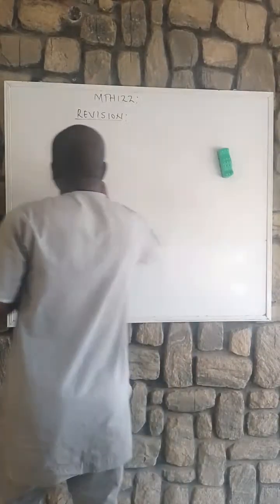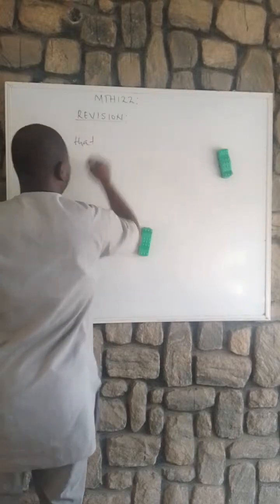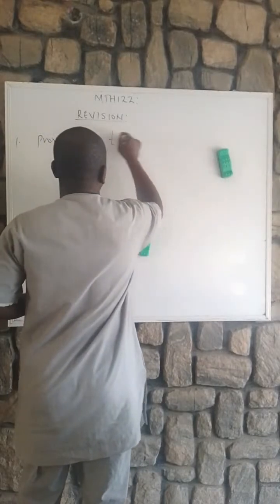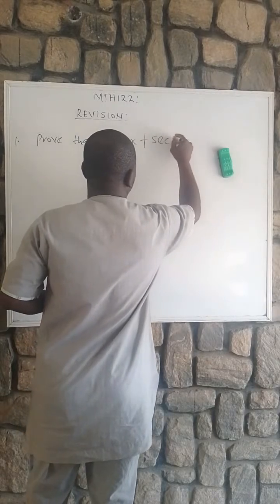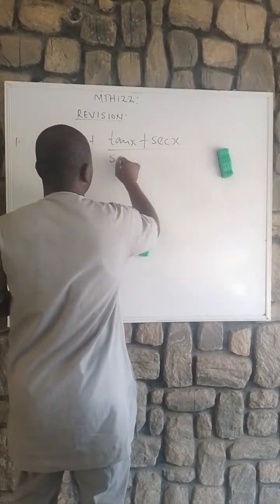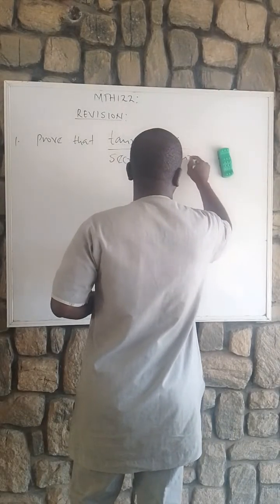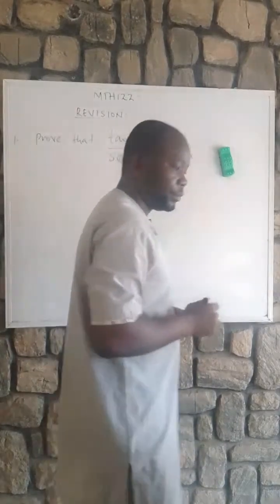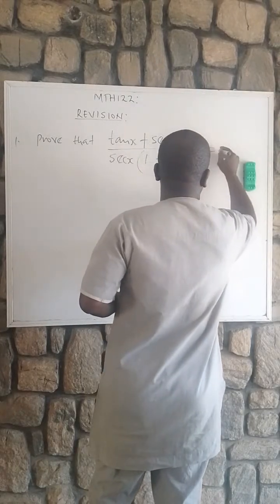Prove that tan x plus sec x all over sec x open bracket 1 plus tan x all over sec x equals to 1.